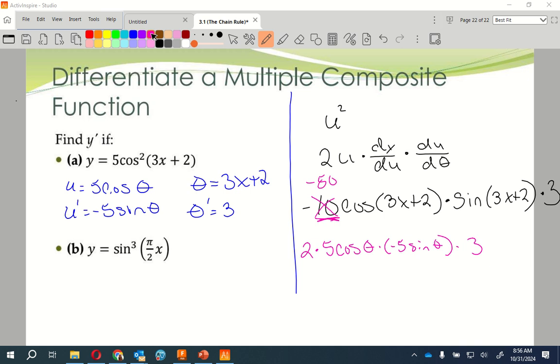So, put all my coefficients together. That's going to be 10, negative 50, negative 150, cosine 3x plus 2 times sine of 3x plus 2.